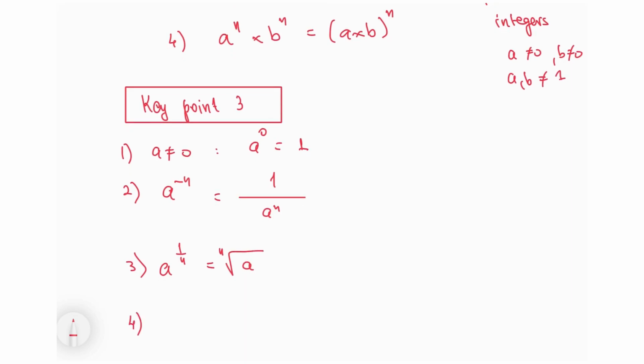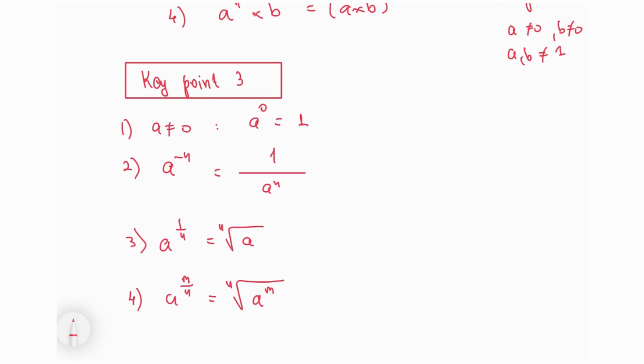And a to the power m over n is the nth root of a to the power m. So those are the most important rules regarding exponentials and exponential expressions.